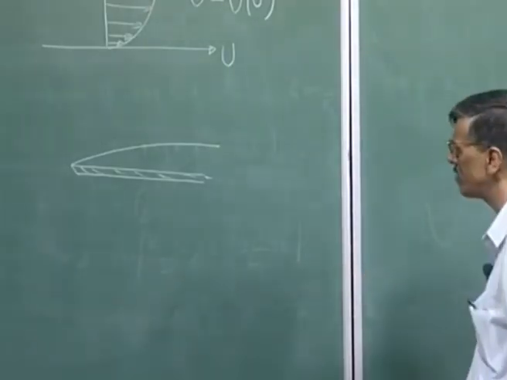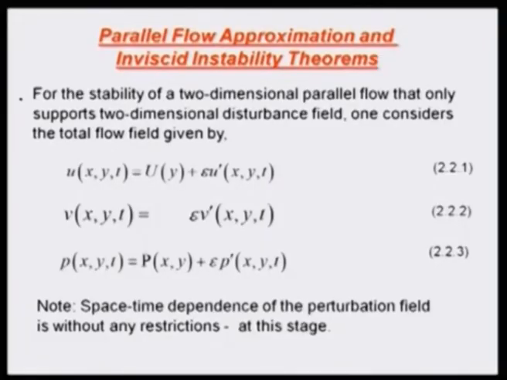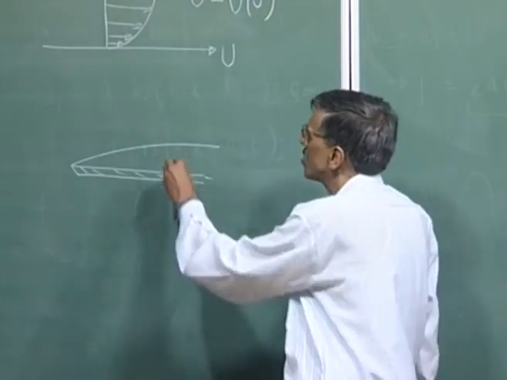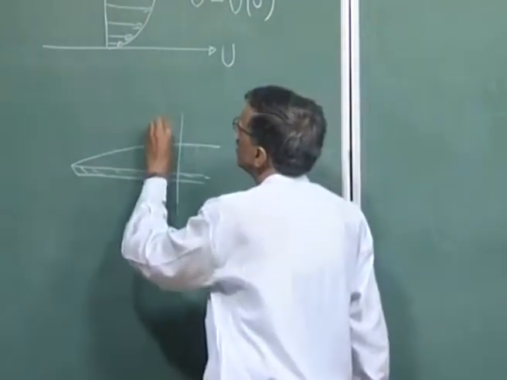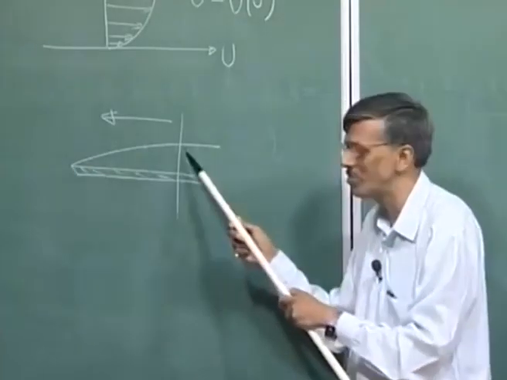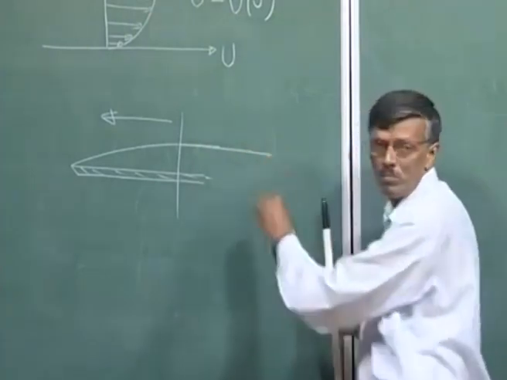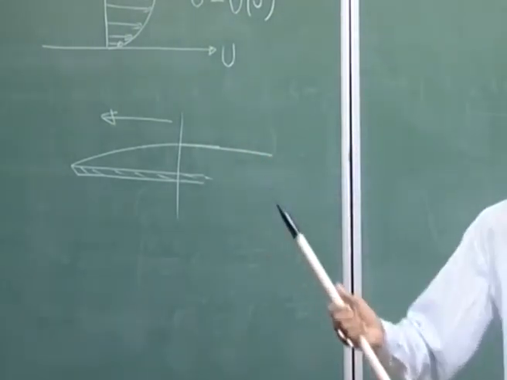What we are saying in making that parallel flow approximation is that the picture is not consistent with this part, where the boundary layer is growing from 0 to some substantial value, and then subsequently it could remain virtually constant.